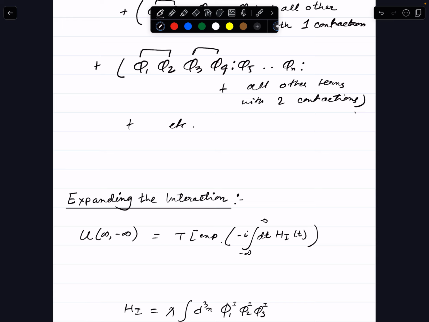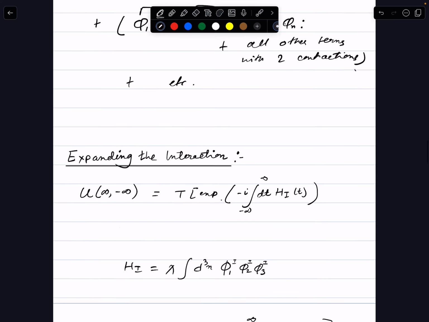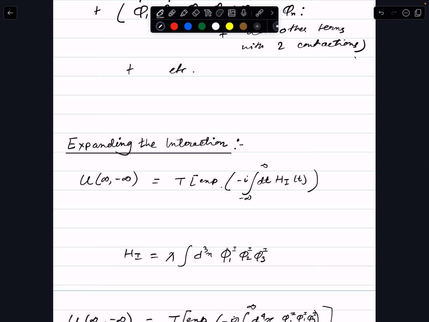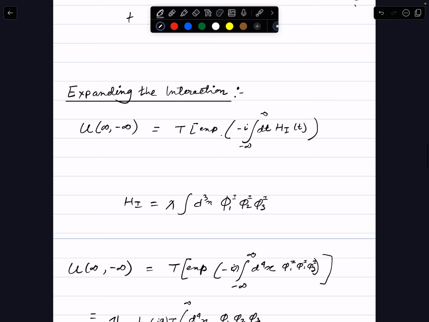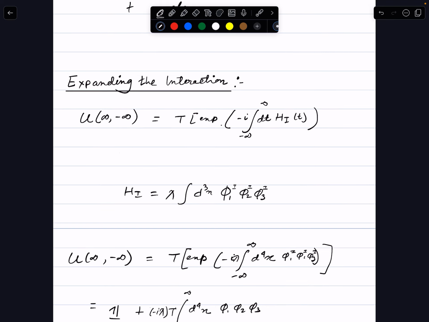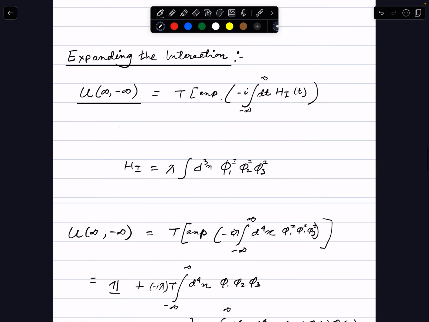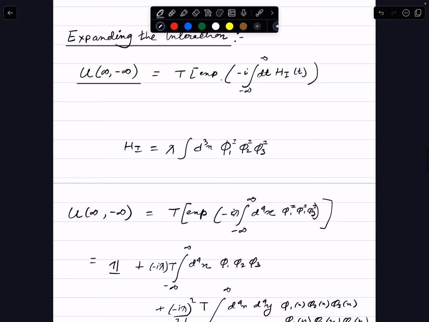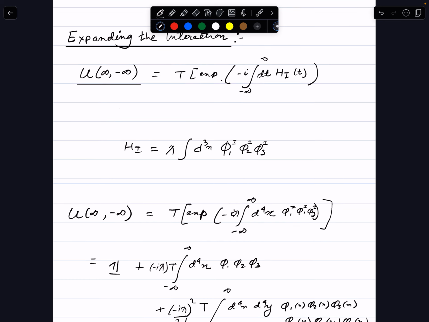Okay, good. So the last thing I want to say today is kind of going towards Feynman diagrams. So we take this. Okay, so now we know this is what we have to evaluate. This is our main thing. And suppose I take a Hamiltonian, so I will consider a particular example of an interaction Hamiltonian where I have 3 fields, phi 1, phi 2, phi 3.